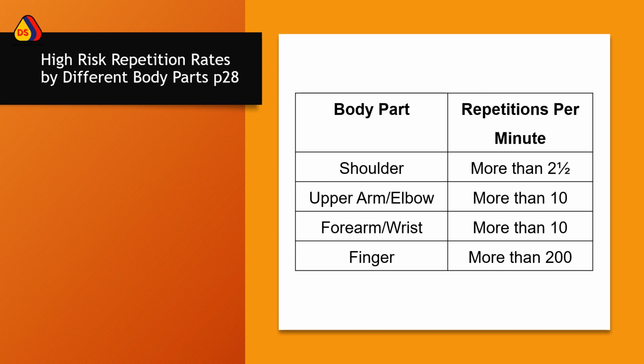High repetition rates in poor neck posture may contribute to neck pain and musculoskeletal issues. Jobs that require standing for long hours or involve repetitive movements of the feet, such as walking or running on hard surfaces, can lead to foot and ankle problems.